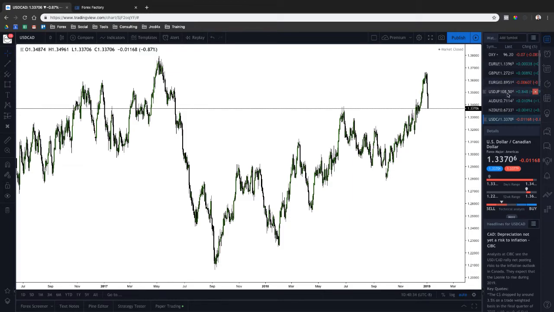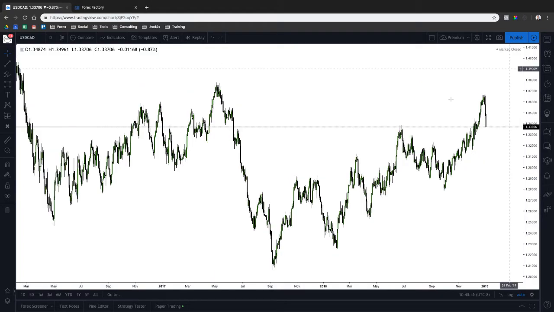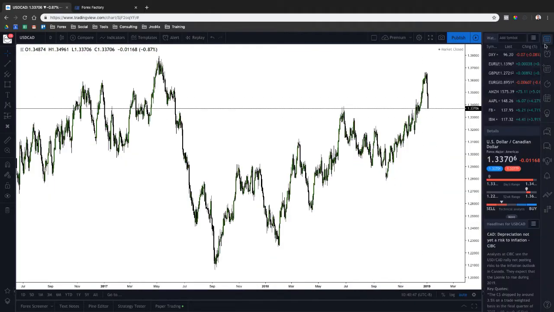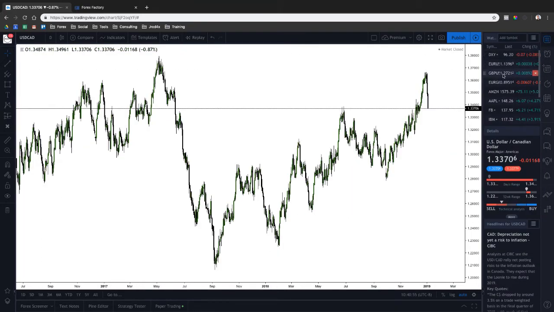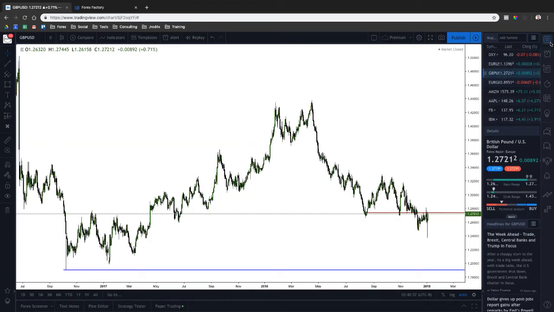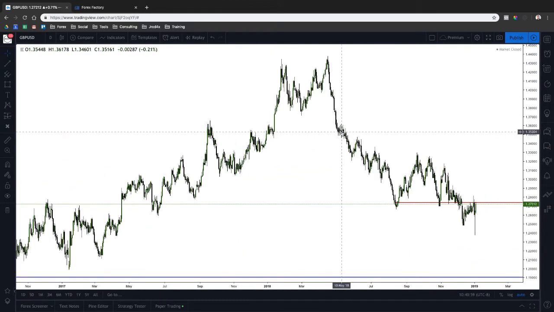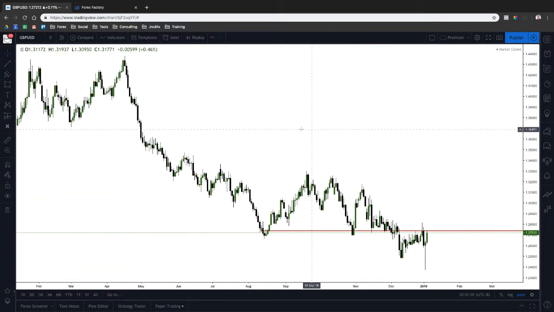If you guys have questions about them, post in the comments, or reach out to me on Telegram, and I'll cover pretty much anything that you have a question about with those pairs. I'm just not going to be personally going over them, or looking at them too much, but I'll be happy to answer any questions about them. Just understand, for the most part, I'm not going to be monitoring those pairs.